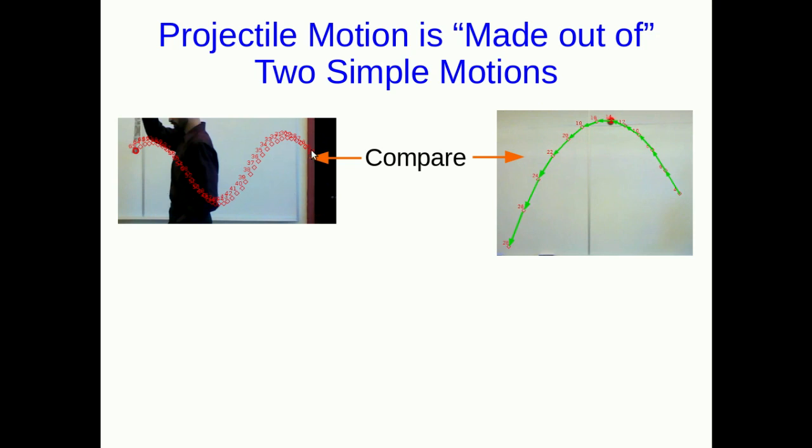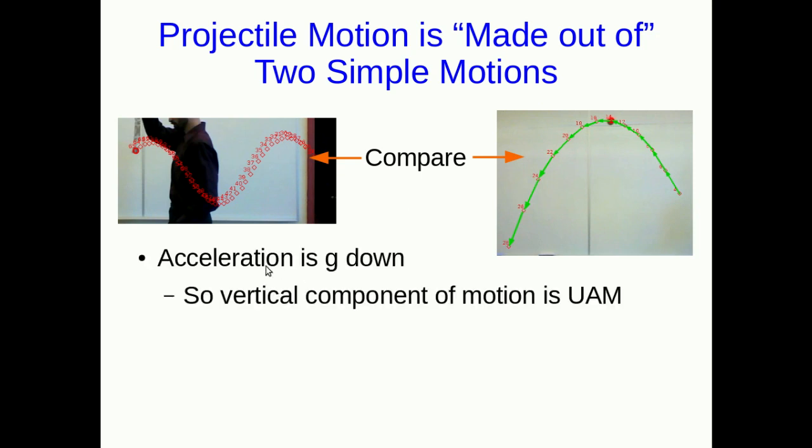And it's when you combine those two motions that you get this shape. Similarly, you can think of projectile motion as a combination of two motions. And the thing to notice about them is that the acceleration is down, and in fact it's g, which we met before when we were talking about free fall. Projectile motion is just another example of free fall.